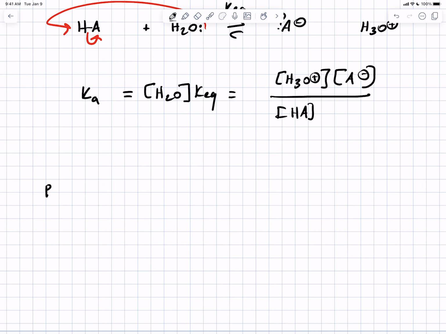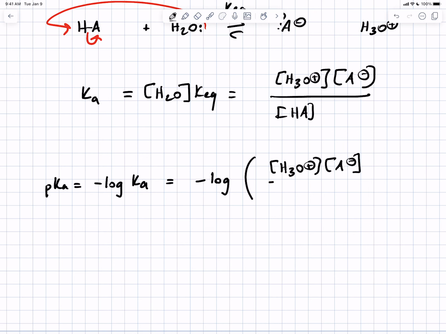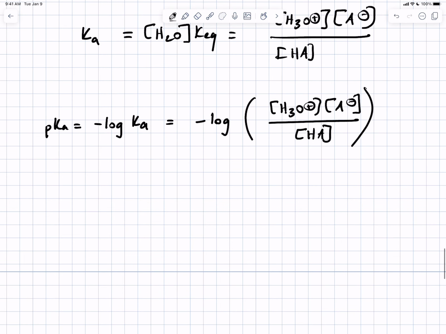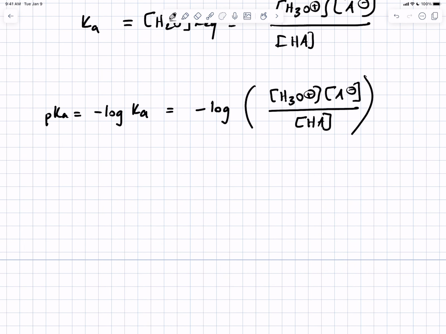pKa is the minus log, base 10 log of Ka. So now you need to know some stuff about properties of logarithms, which we're not going to review, but everything I'm going to show you here works. With me so far? The logarithm of a product is the same as the sum of the logarithms.